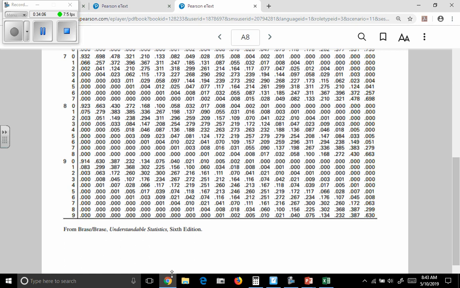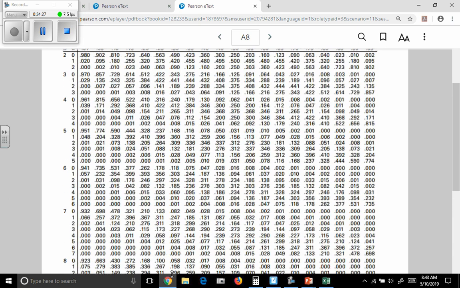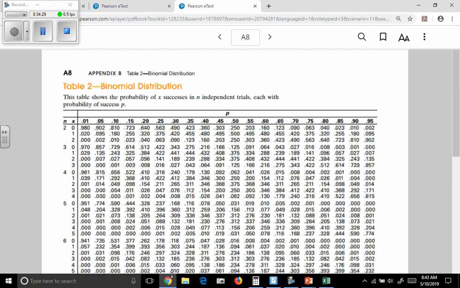So we would use values in this region. This says n equals 9, and then this is the number of successes. So this is either no successes, 1 success, 2 successes, 3 successes, and so forth. And then we would find the column that corresponded to our p-value. So for example, if our p-value was 0.55, we would be using this column.